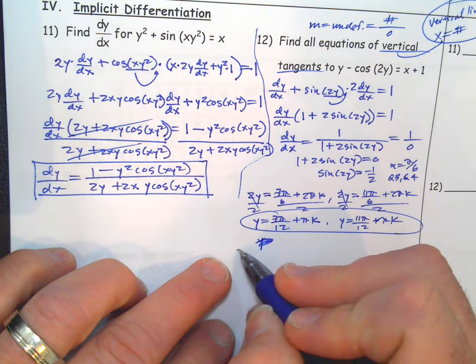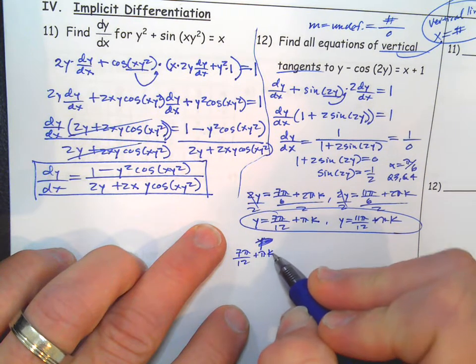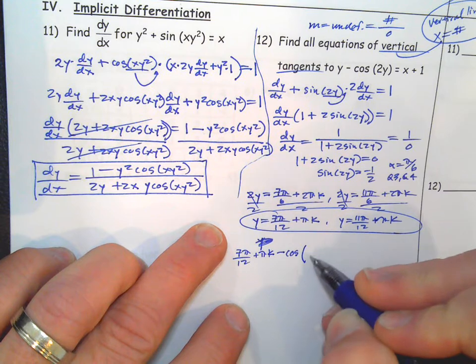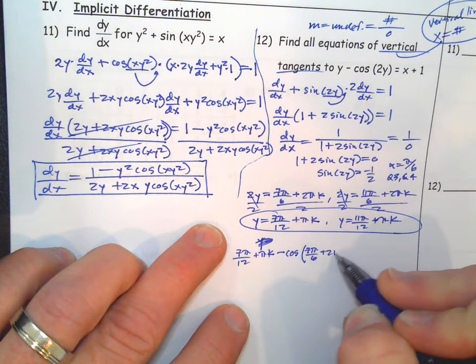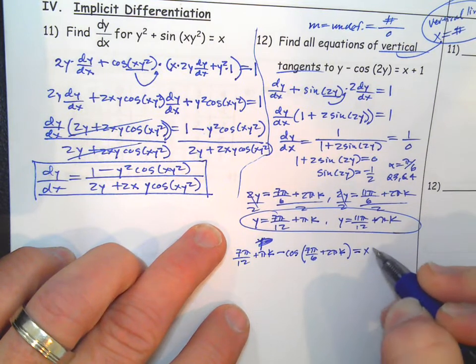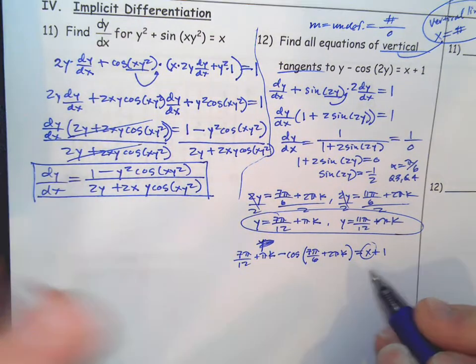So if we plug that in, 7 pi over 12 plus pi k minus cosine of 2 times that. So that's going to be 7 pi over 6 plus 2 pi k equals x plus 1. So then we're going to solve for x. Solving for x isn't going to be that bad, but it's going to be kind of ugly.